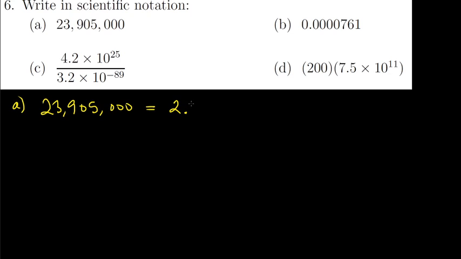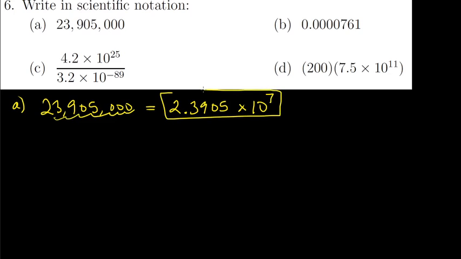So 2.3905, we don't need those zeros, times 10 to what power? So we moved it 1, 2, 3, 4, 5, 6, 7 times. So the exponent of 10 is 7. Right. So that's part A.